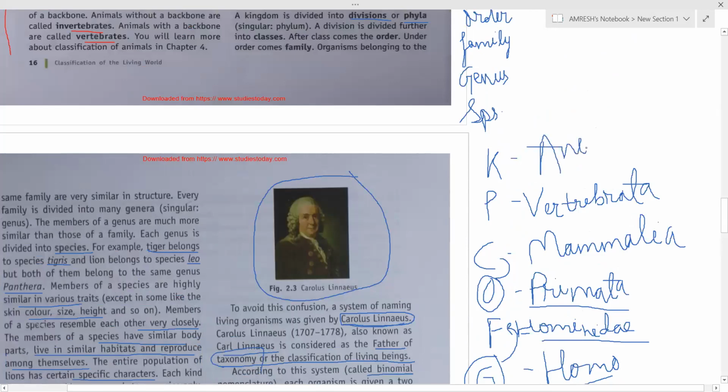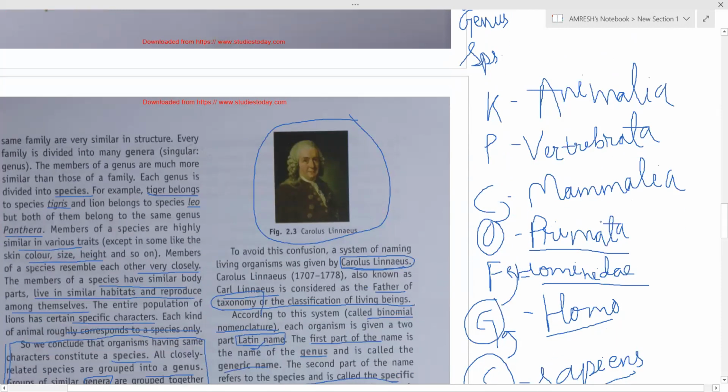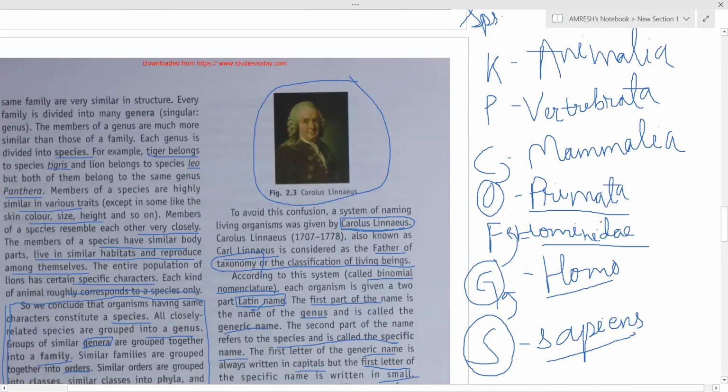So see, tiger is also a vertebrate. Tiger has vertebrae, and tiger is also a mammal, but it is not a primate. So we differentiated tiger and human into different orders.